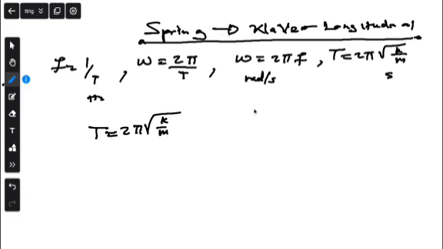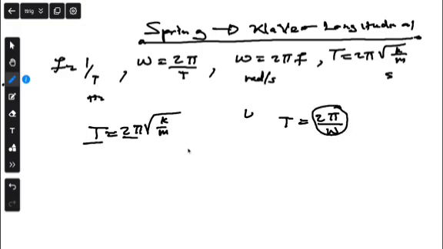Have you seen this one? Let me make T the subject of the formula here. Then T is going to be equal to 2 pi divided by w. Have you seen here? So meaning I can get this one here and put it here and see what I'm going to have.